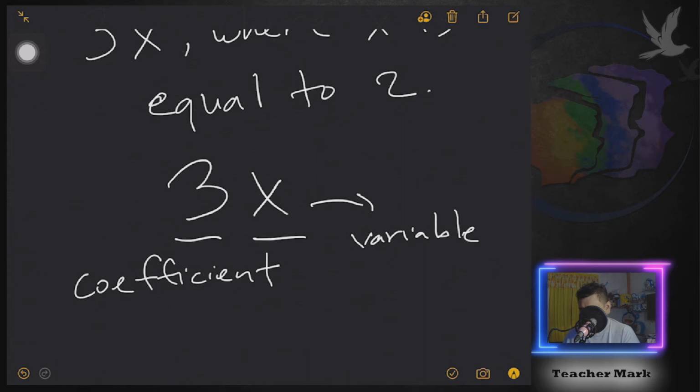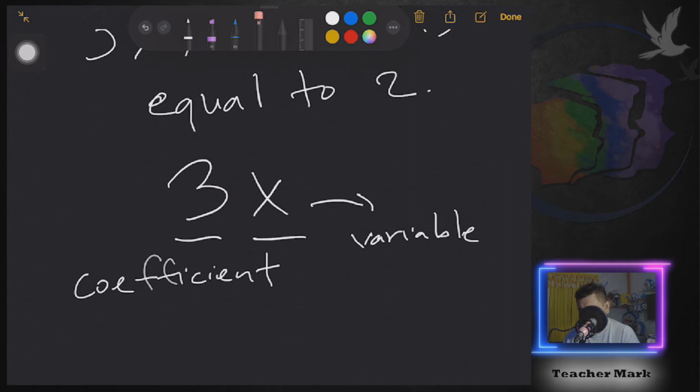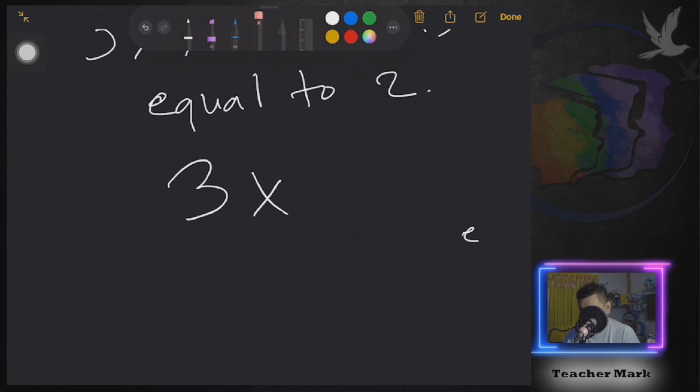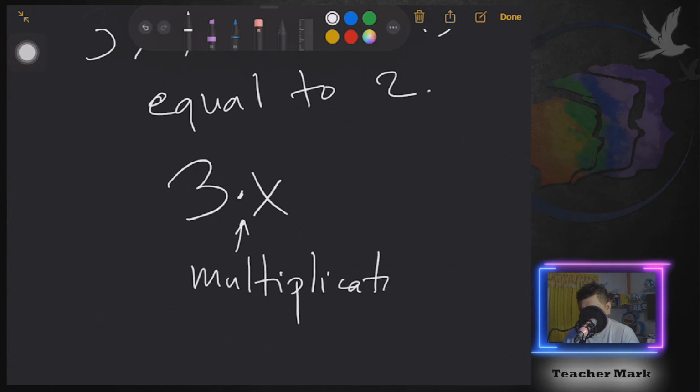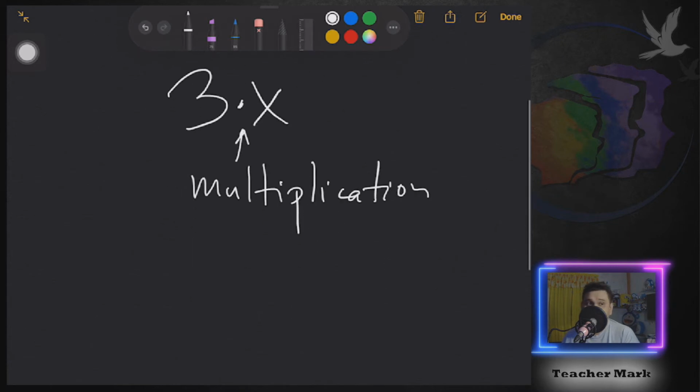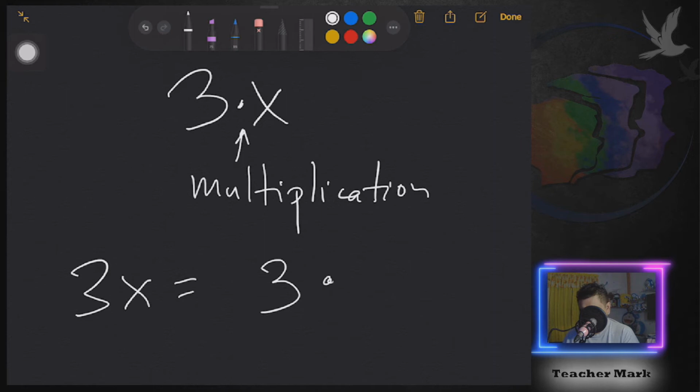What is the relationship between 3 and x? If you can still remember, the relationship between the two is multiplication. Yes, which means 3x is actually 3 times x.